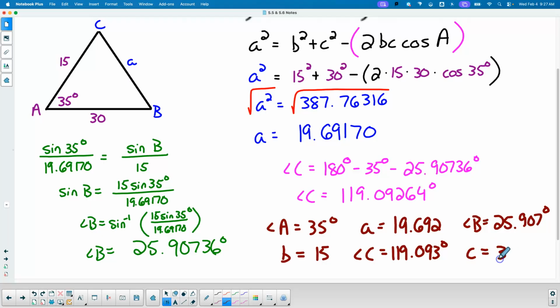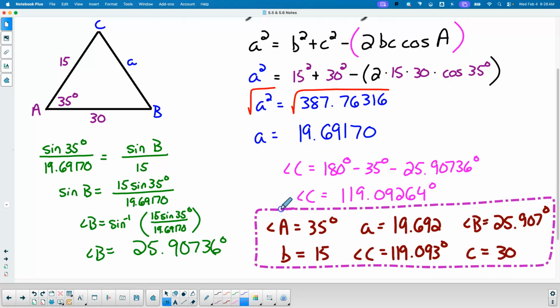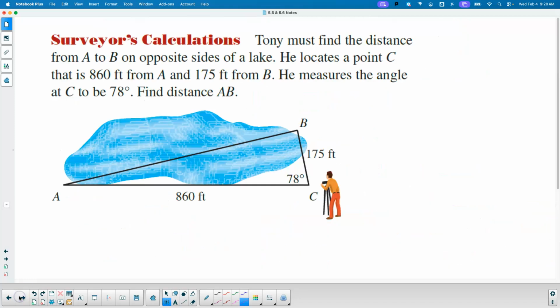Side C was 30. Good? All right. Try that one.